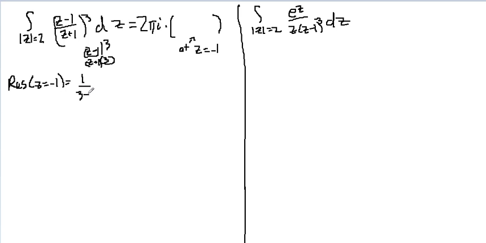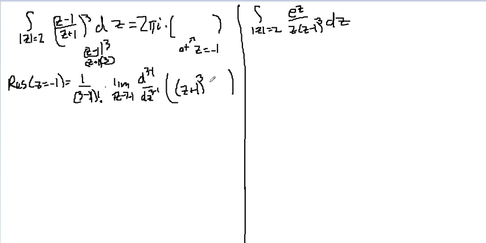So it's 1 over 3 minus 1 factorial, which generalizes to 1 over n minus 1 factorial, times the limit as z goes to the singularity, -1 in this case, of the 3 minus 1th derivative, again, generalizes to n minus 1, of z plus 1 to the 3 times f of z, which is z minus 1 over z plus 1 cubed.